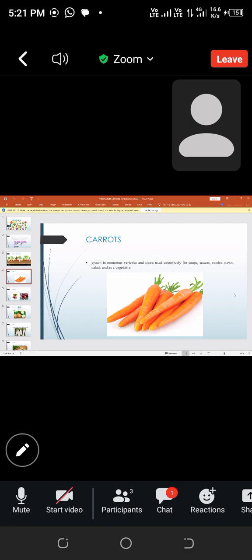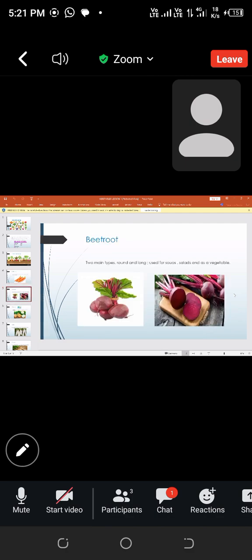We now go to the next presentation, the beetroot. There are two main types of beetroot, round and long, and they are also used for soups, salads, and as a vegetable. As you can see, there are pictures of root vegetables there.